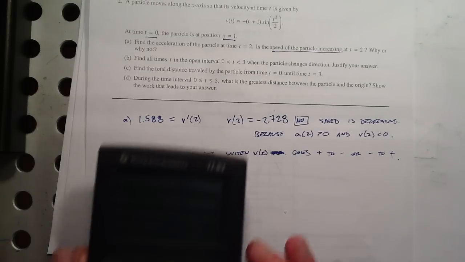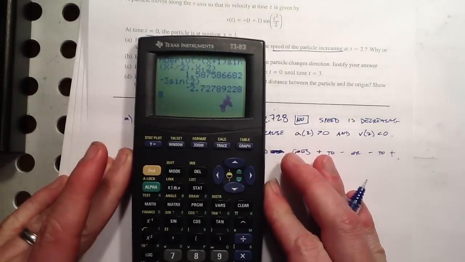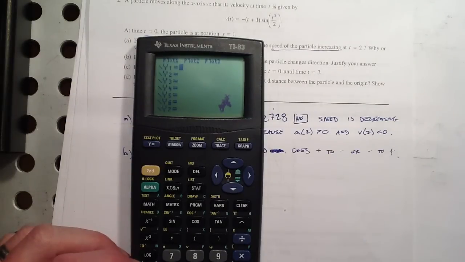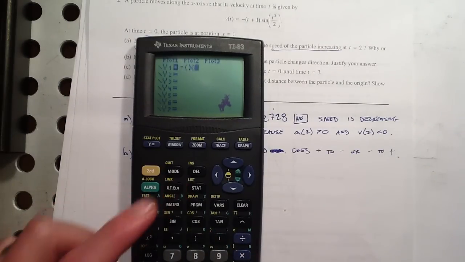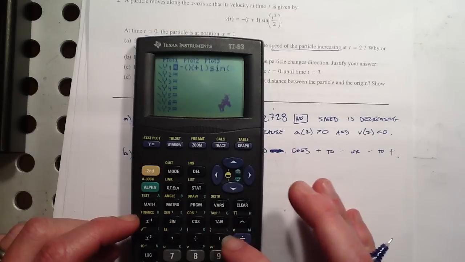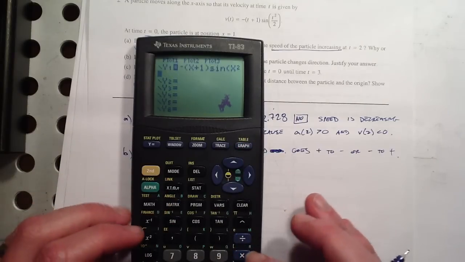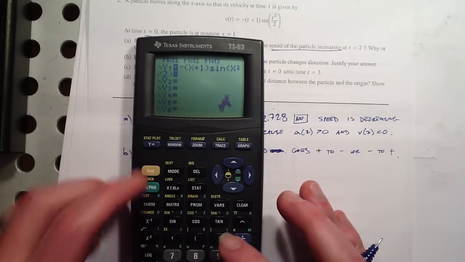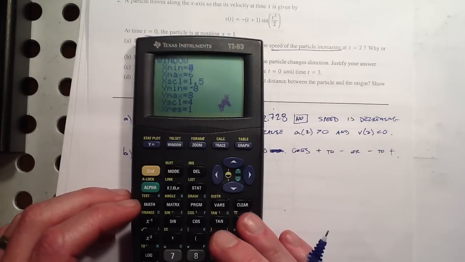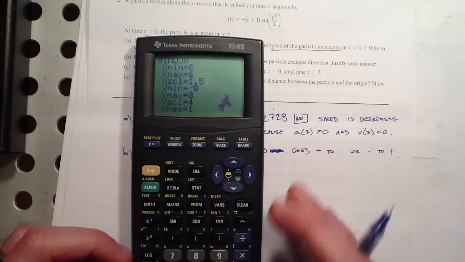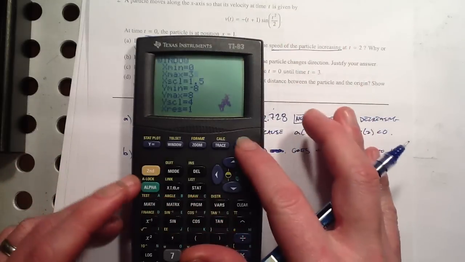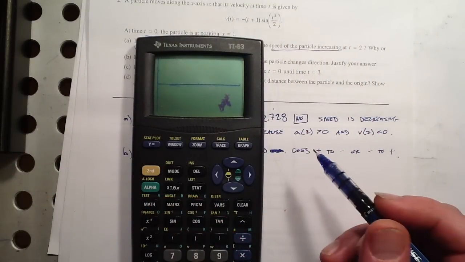So let's graph the velocity and see when that happens. So velocity function is negative x plus 1 times the sine of x squared over 2. And the window we only care about from 0 to 3. I'll leave those y values, see how that looks.